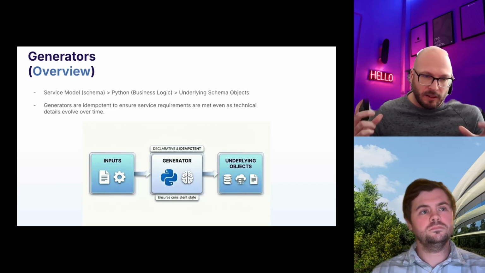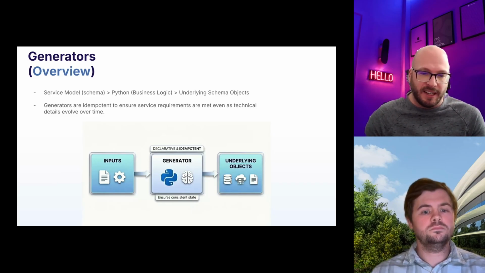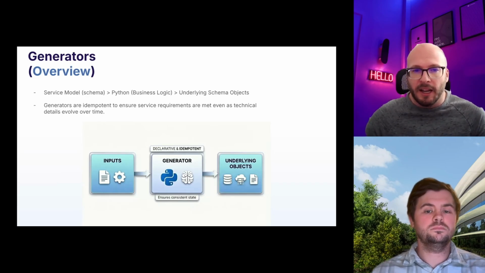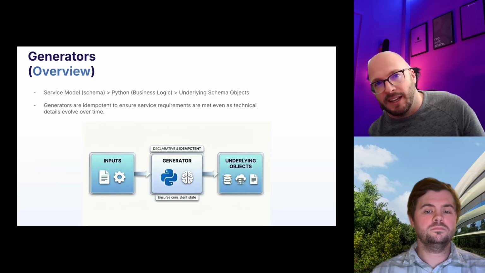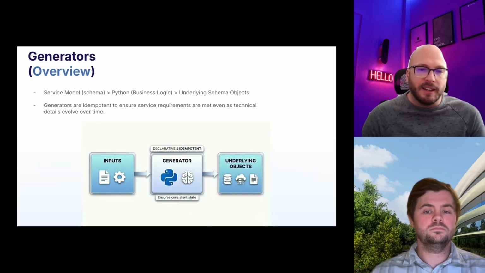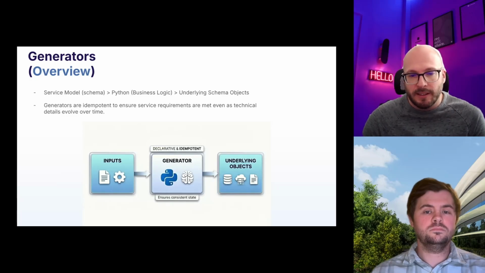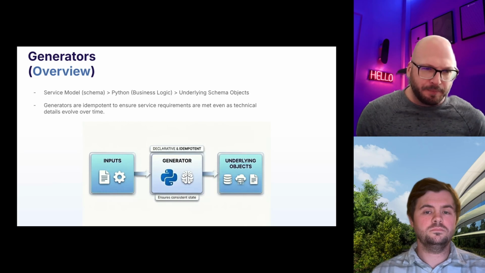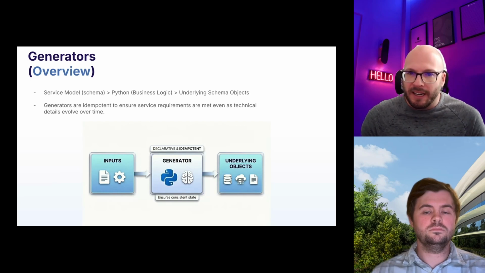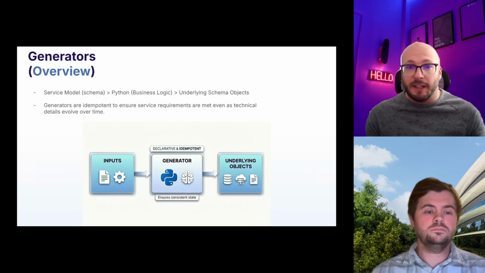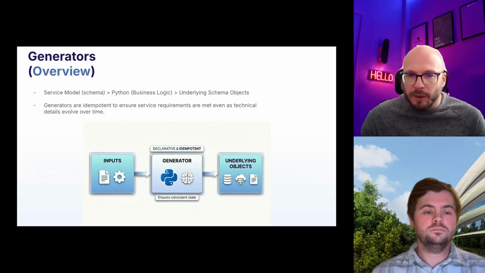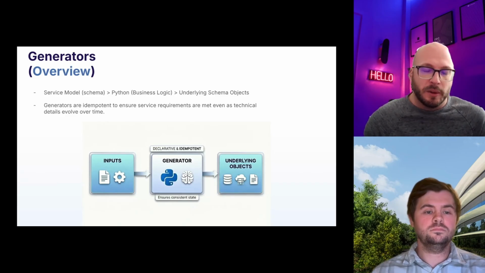And then we take that schema or the output of that schema and the actual implementation or the object that's created from it is consumed by the generator, which is a Python script. And that basically encompasses all the business logic. So, based on their inputs, we need these outputs, and then it'll basically generate everything underneath it. With that, it ends up creating a lot of the objects. So in this case, it basically created the data center. And we'll kind of go into a little bit of how we broke those down into different generators to accomplish our deliverables.